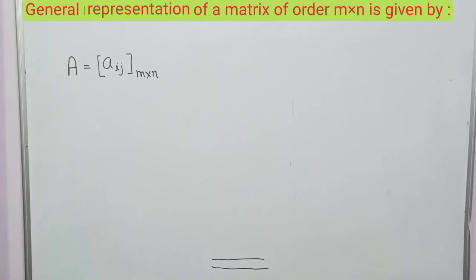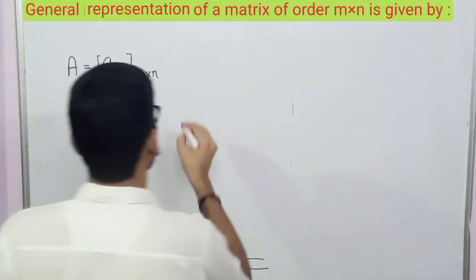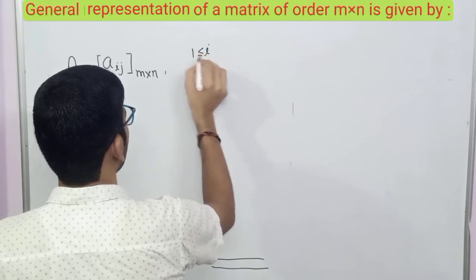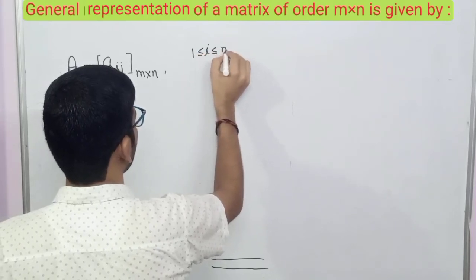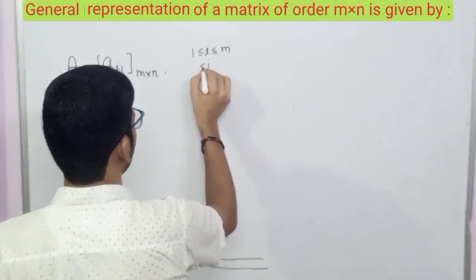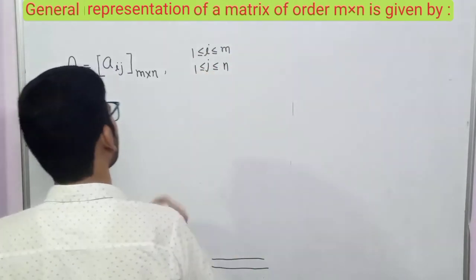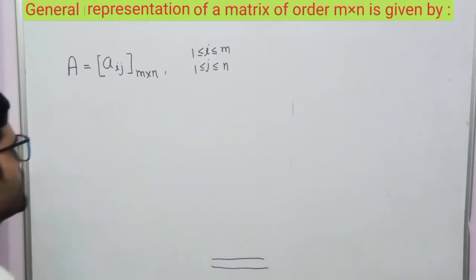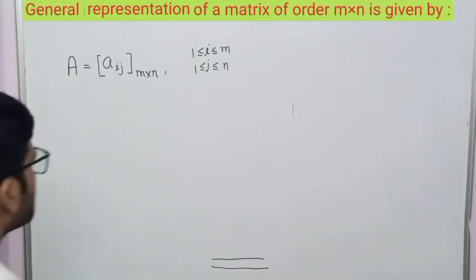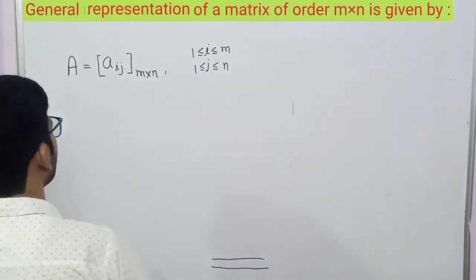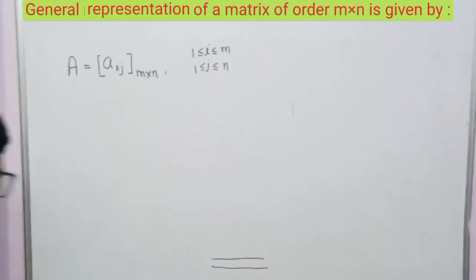Okay, and now here i varies from 1 to m and j from 1 to n. Okay, this is the condition because i and j are in suffix form. So if we use the value of i and j in this general matrix, what will we get?